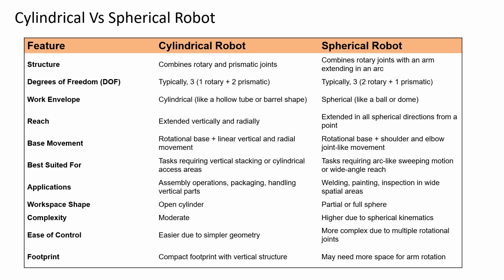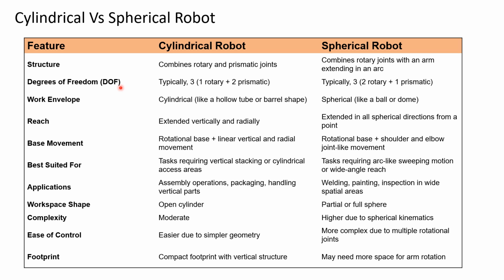So guys, we learned about the cylindrical robot and the spherical robot. So this is a summary of what we just learned about the cylindrical and spherical robot. Structure: we have rotary and prismatic joints for cylindrical, and for spherical we have a rotary joint with an arm extending in an arc.